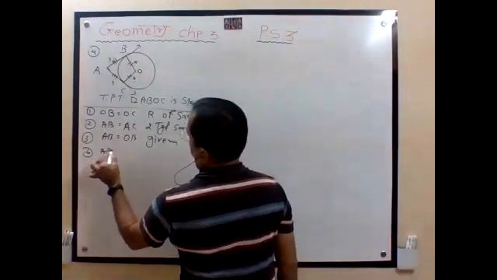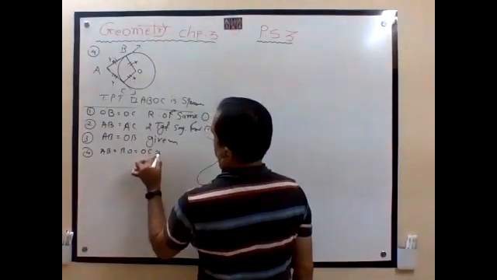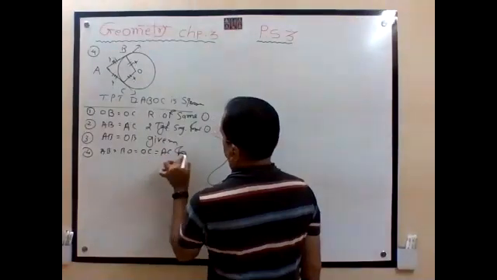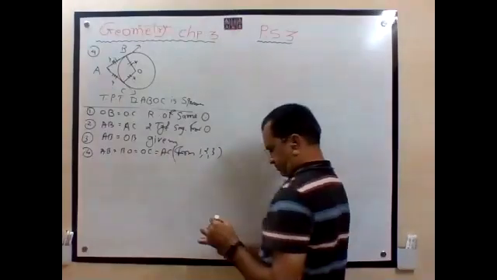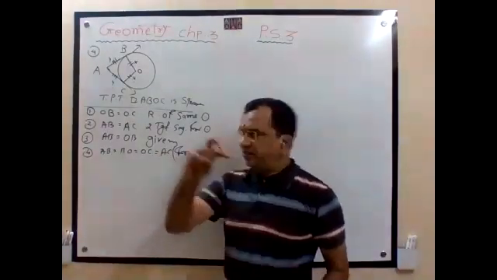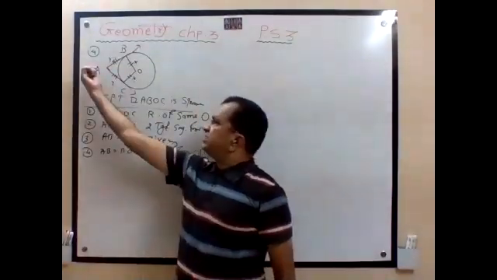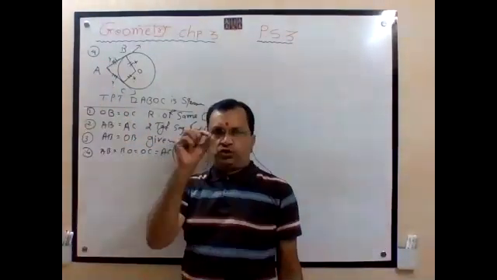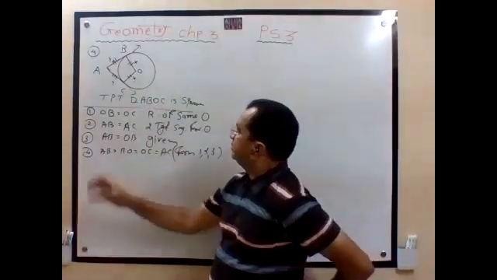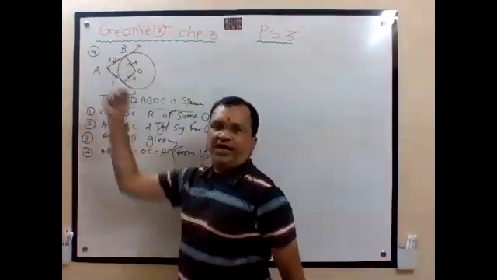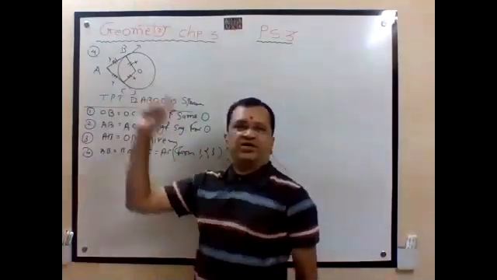AB is equal to BO is equal to OC is equal to AC from first, second, third. Listen, first I have written the first pair, these two are equal, radii. This is the theorem that we have learned, that two tangent segments from outside the circle are congruent. Then it is given that x is equal to y. So all four are equal.